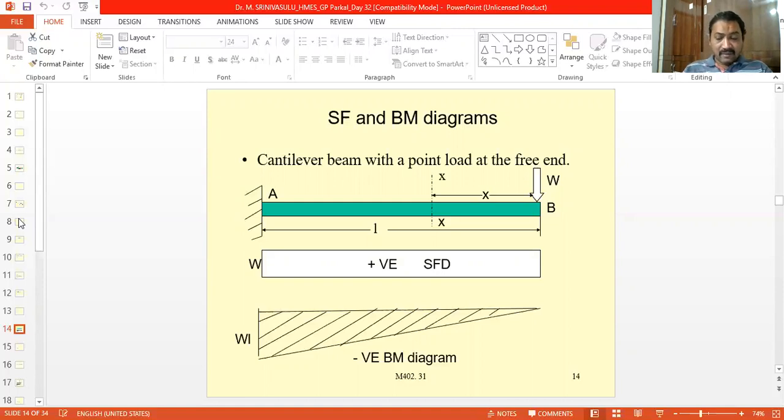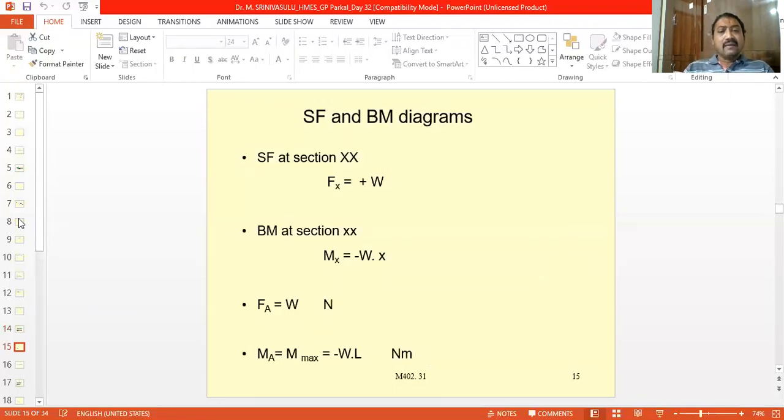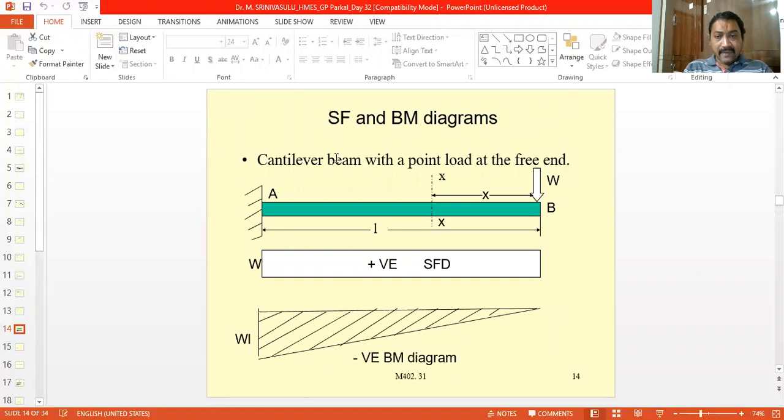For that, the first thing is the shear force. So the shear force at section XX, that is Fx, is equal to... So this is the section. You see here, to the right, this W is acting. To the left, there is some unknown force. We have to consider either the left or the right, and to the right is a known force.